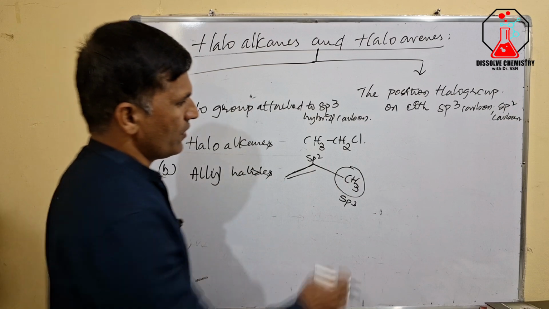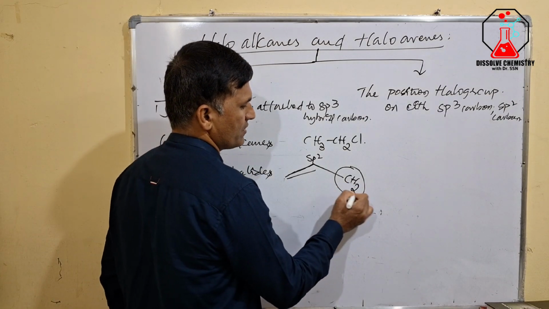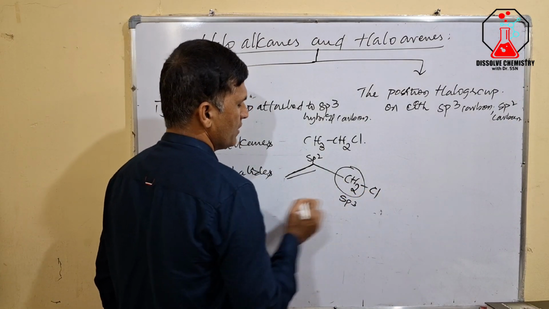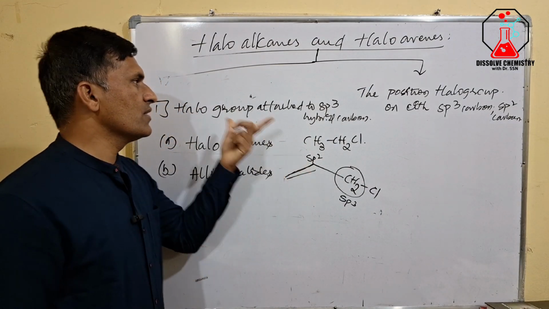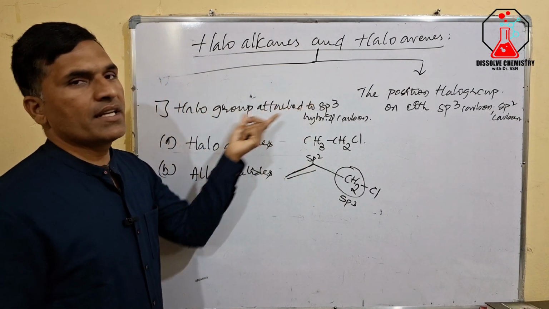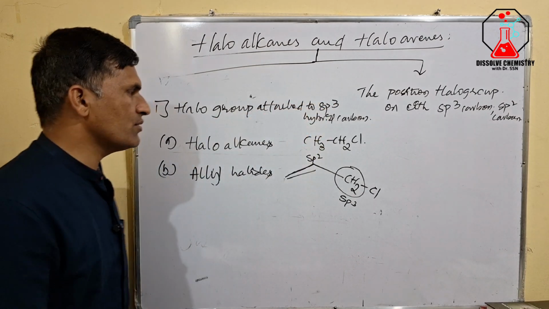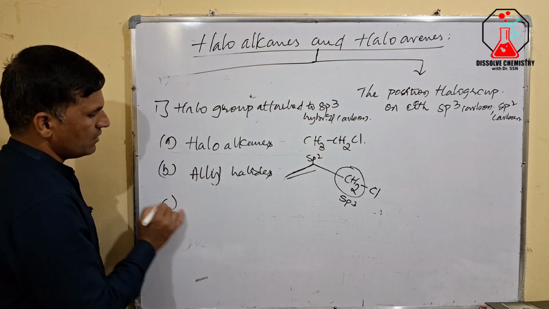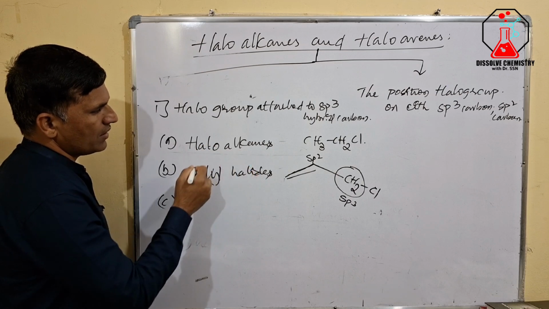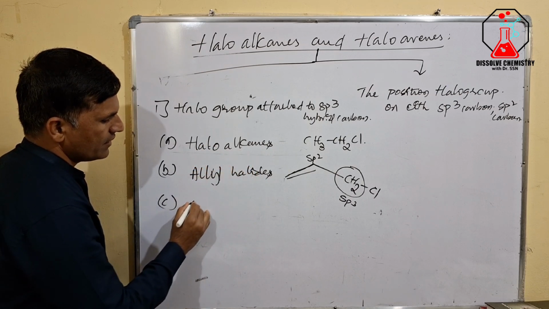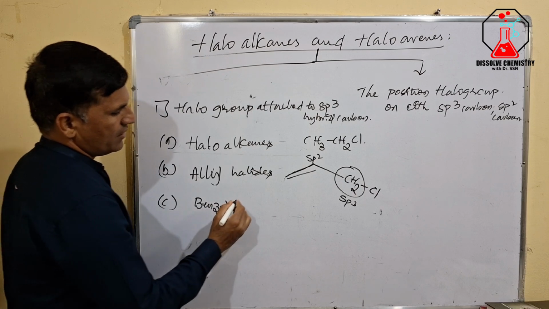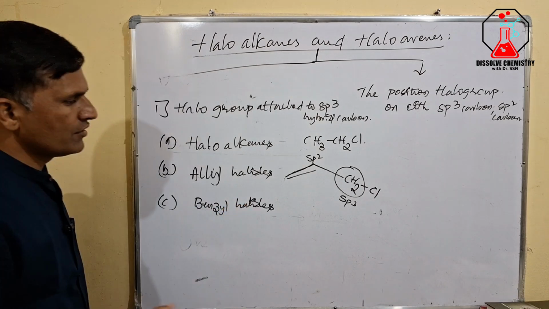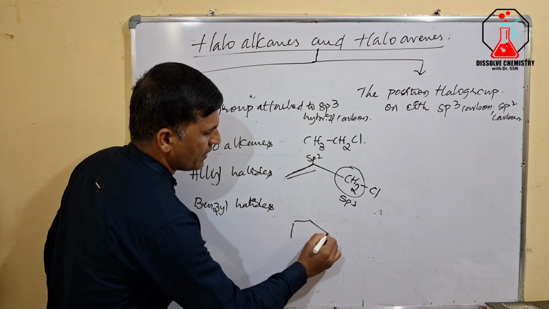And if one or more hydrogen atoms I replace with a halo group, then they are called allyl halides, and it is also one of the examples of halo compounds containing the halo group on an sp3 hybrid carbon atom. And the third one is benzyl halides. Say for example you take toluene.